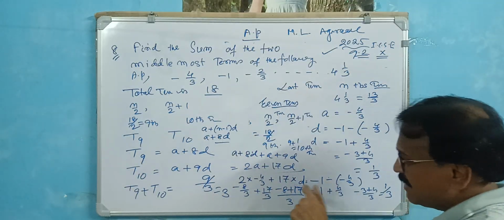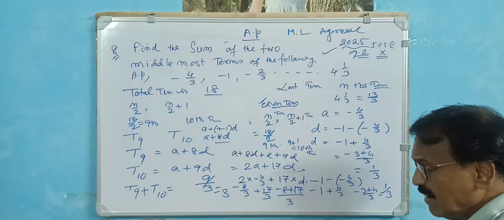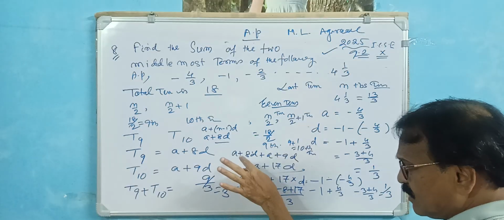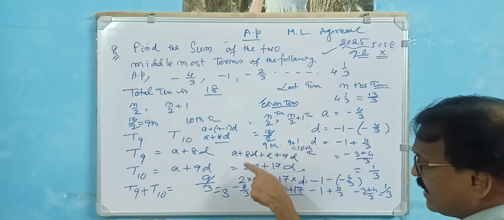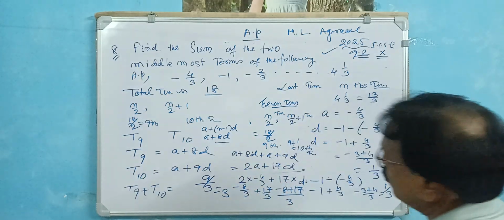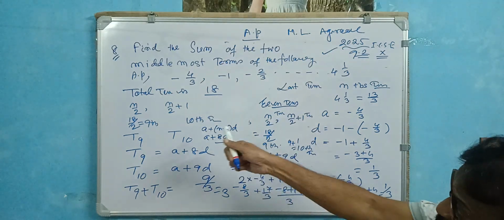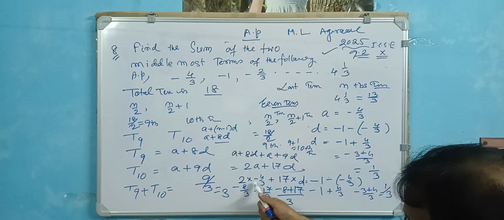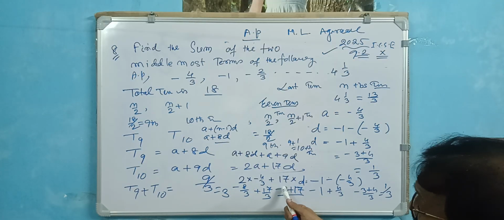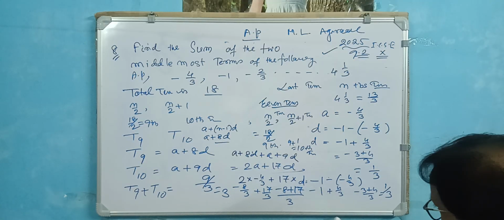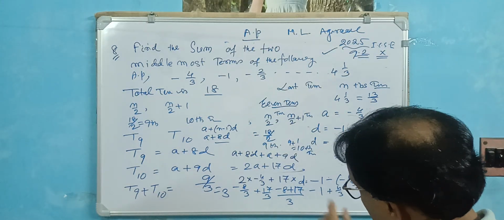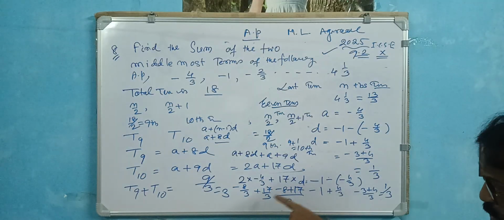T9 is a plus 8d, T10 is a plus 9d. So 2a plus 17d. Just put in the value. What is the value of a? A is minus 4 by 3, right? 2 into minus 4 by 3 plus 17 into d, which is 1 by 3. D is 1 by 3.